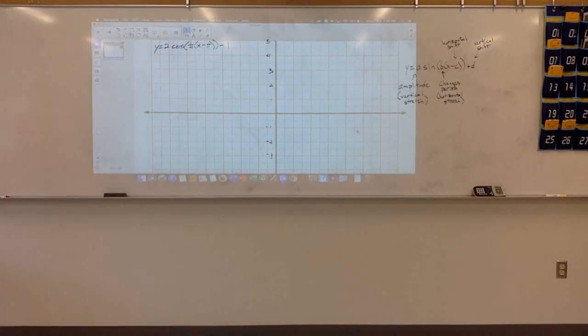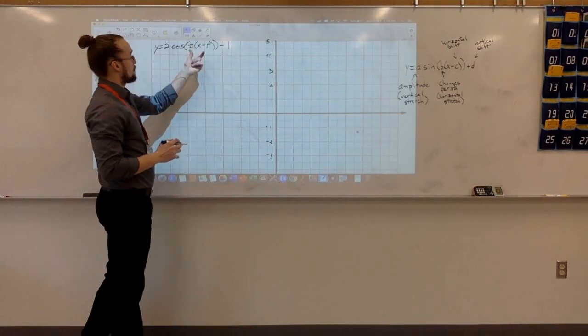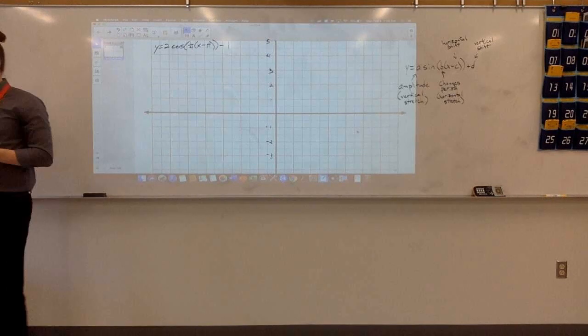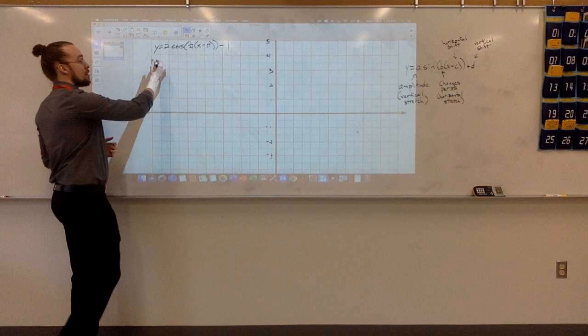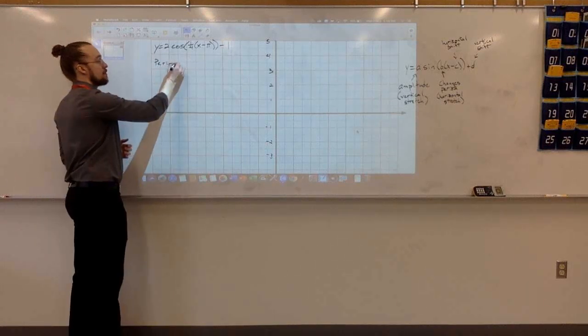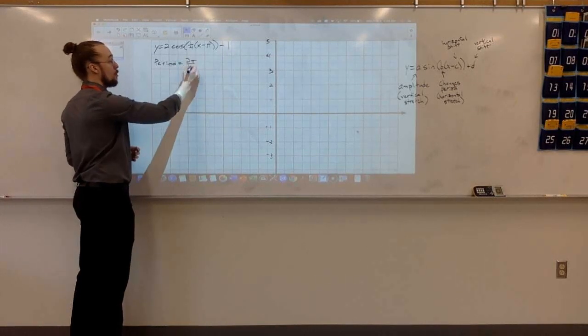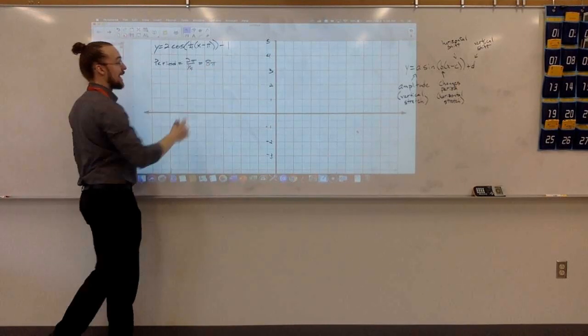So in this example, we've got an a, b, c, and a d value. The b and c values are probably where we want to start to figure out the key x values. So first, the period is going to be 2 pi divided by 1/4. So in this case, that period will be 8 pi.